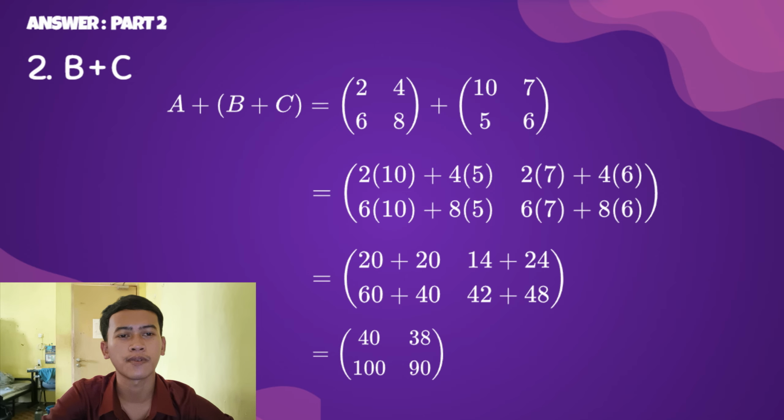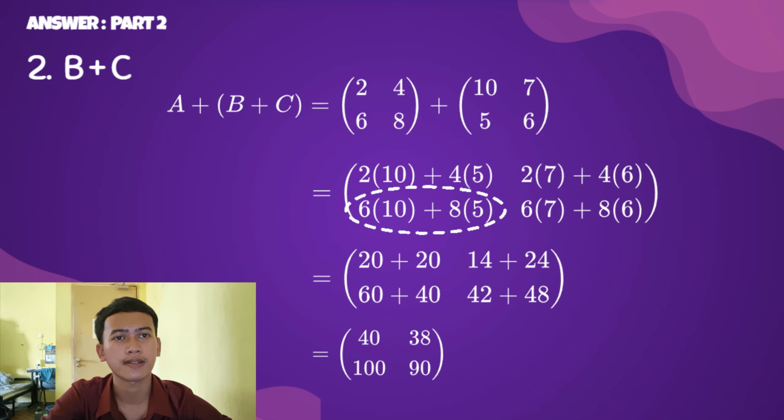So next we will find A times B plus C. We will put 2, 4, 6 and x in bracket plus 10, 7, 5 and 6 in bracket. So next we will do 2 times 10 in bracket plus 4 times 5 in bracket. Next we'll do the same thing for 6 times 10 in bracket plus x times 5 in bracket.